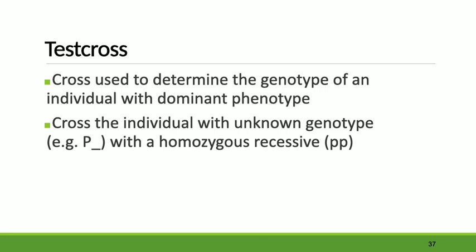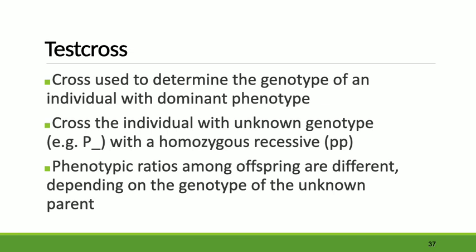We know that it has at least one dominant allele, but we don't know if the other one is dominant or recessive, and we cross them with a known homozygous recessive. And depending on what you get, you can tell whether that individual that had the dominant phenotype is homozygous or heterozygous.